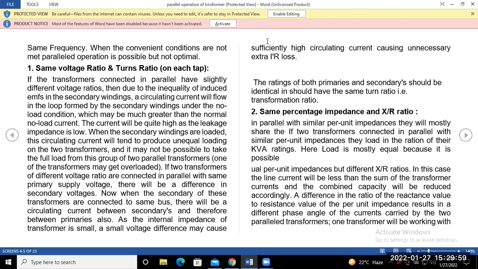So if two transformers of different voltage ratio are connected in parallel with the same primary supply voltage, there will be a difference in the secondary voltage.